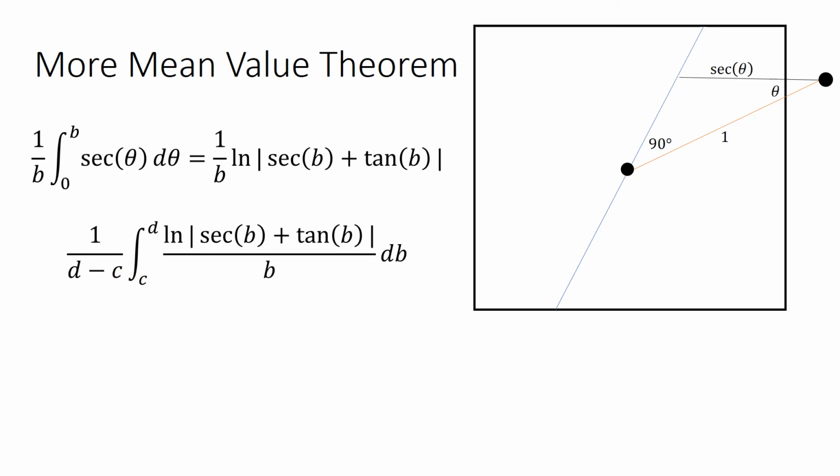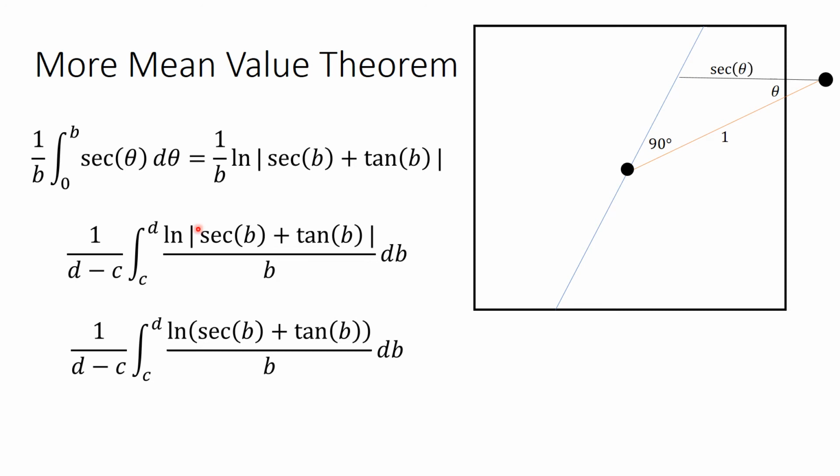Not too complicated. I'm just going to get rid of the absolute value here for ln, or natural log. All the angles we'll be working with today are between 0 and pi over 2, so we won't have to worry about secant or tangent being negative. The absolute value is really just redundant at this point, just further confusion.